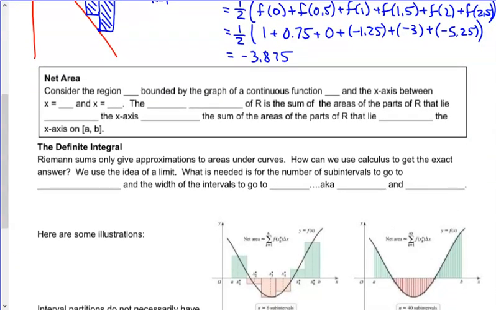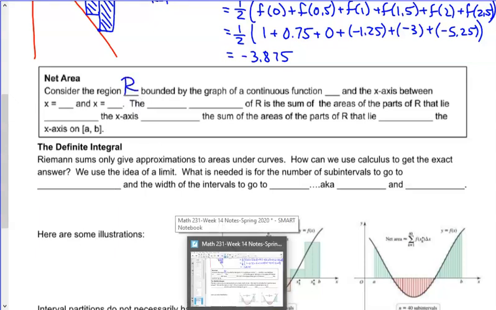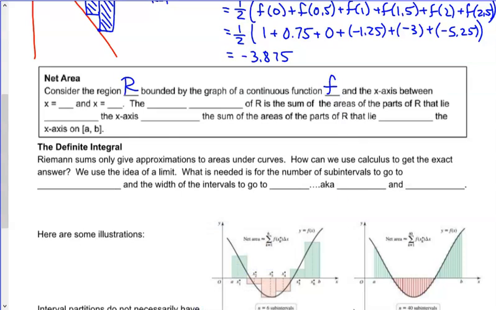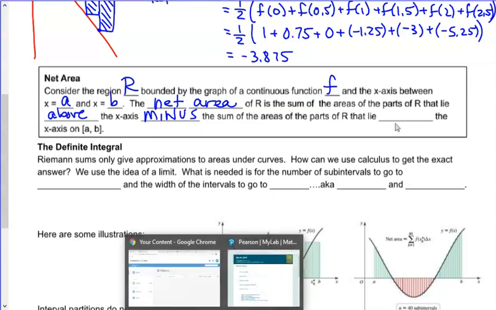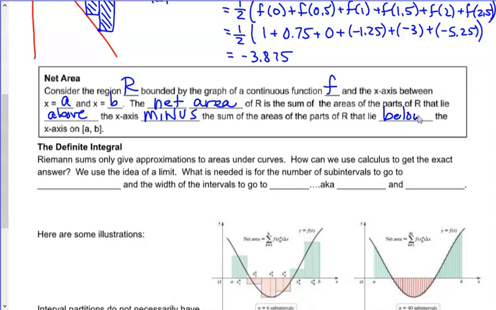So let's define what net area is. I'm going to consider some region R that's bounded by the graph of a continuous function f and the x-axis between x equaling a and x equaling b. The net area of R is the sum of all the areas of the parts of R that lie above the x-axis minus the sum of all the areas of the parts of R that lie below the x-axis.